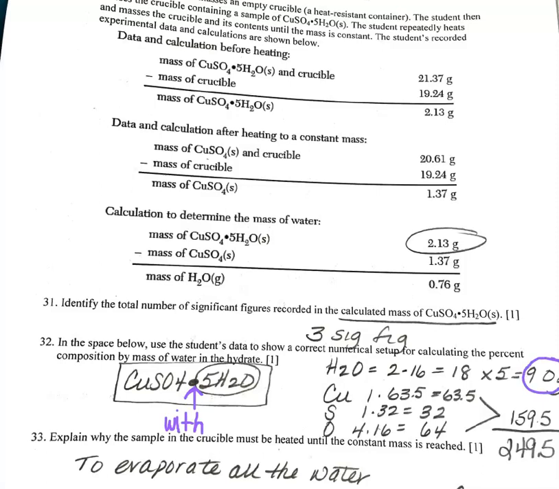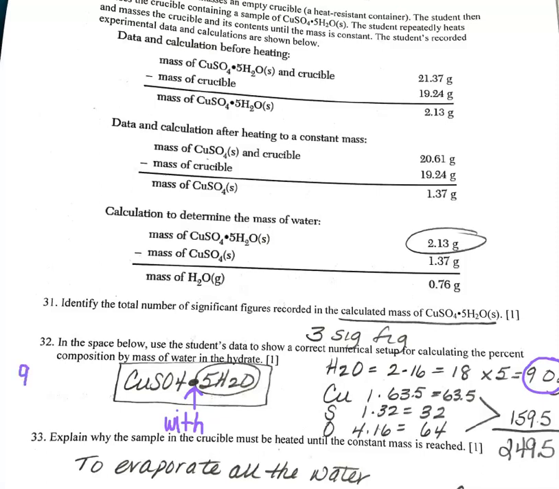My whole is going to be the whole thing. So I have 1 copper, 63.5, 1 sulfur, 4 oxygens. That's 159.5 plus my 90. That's the whole, 249.5. I didn't actually show the correct setup, so let's do that.